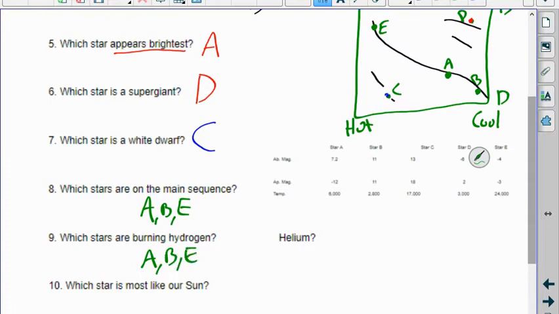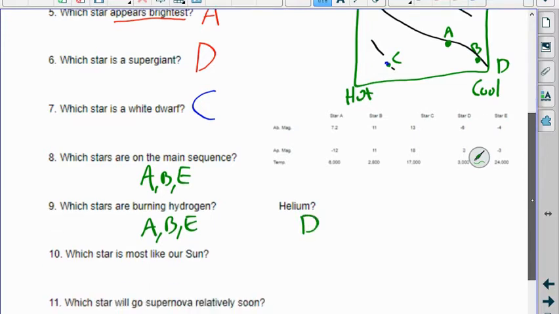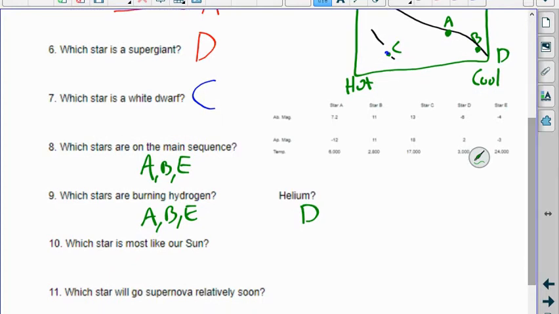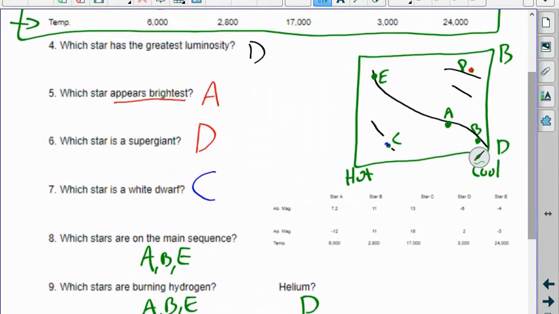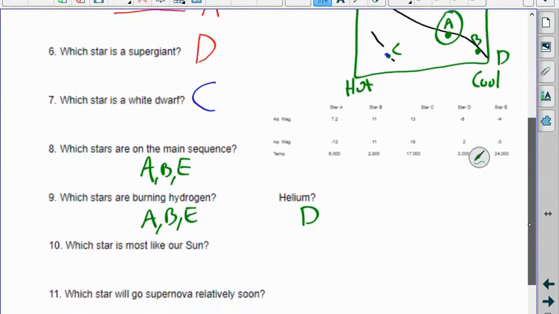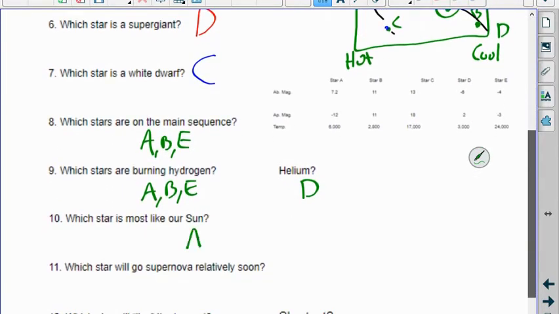In reality, the star D also is fusing hydrogen, but in addition to hydrogen, it is fusing helium as well. And so that's what I meant by that question. Which star is most like our sun? Our sun is a pretty cool, dim star right in the middle-ish of an HR diagram. So star A would be most like our sun.